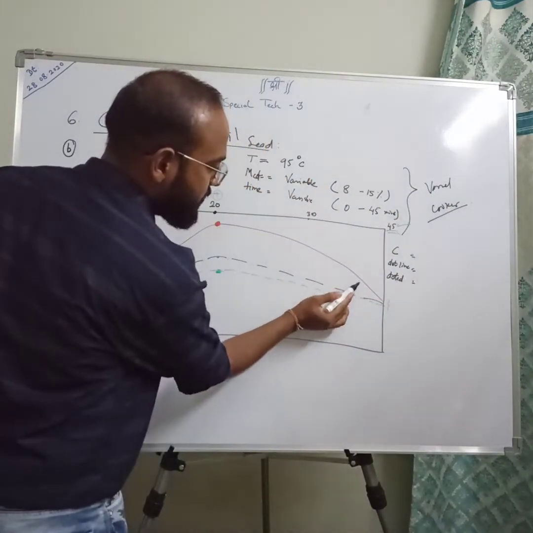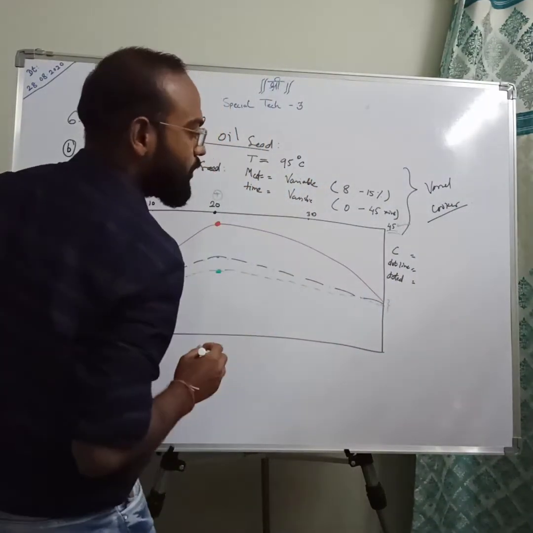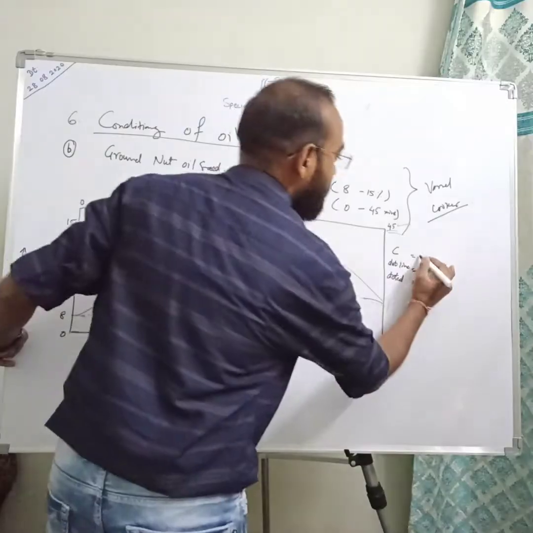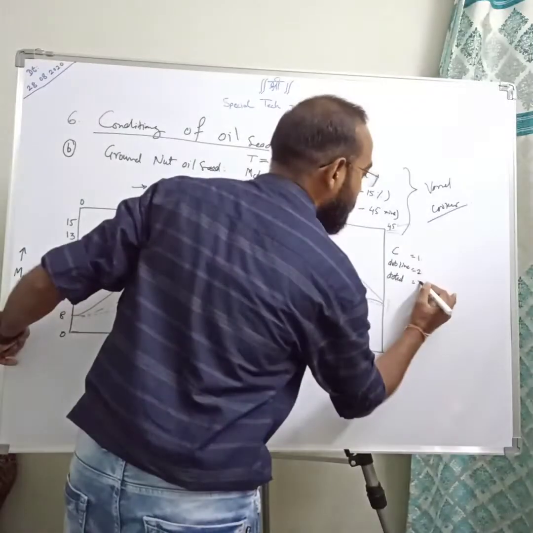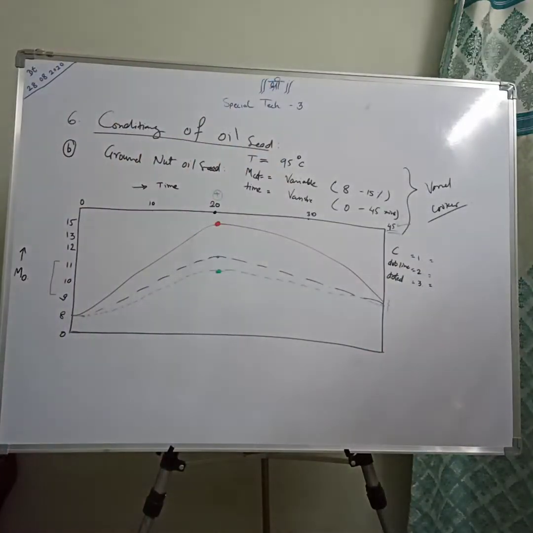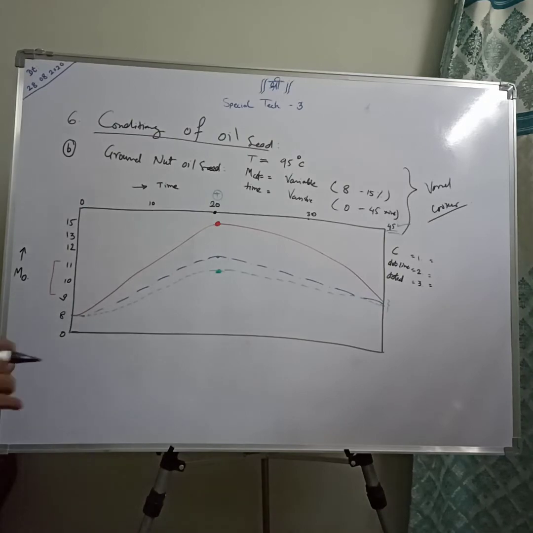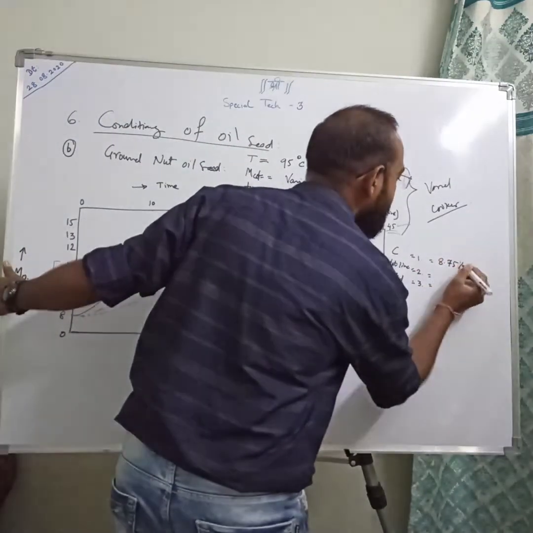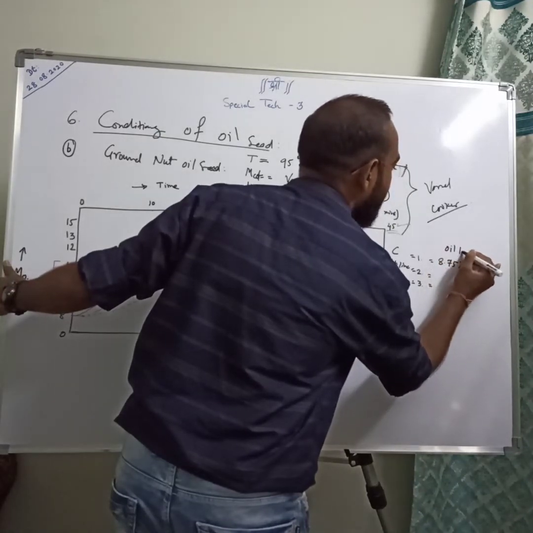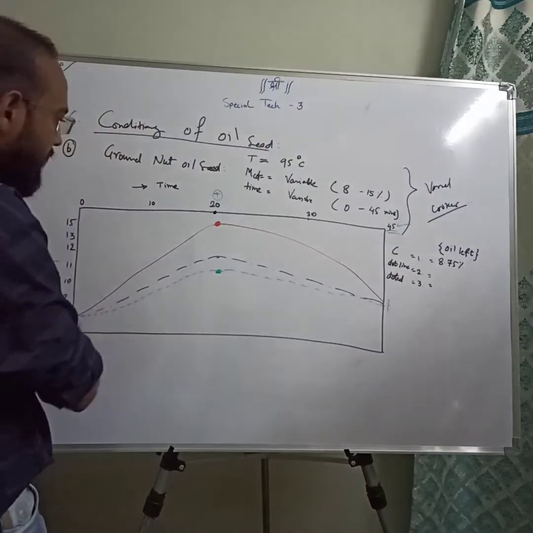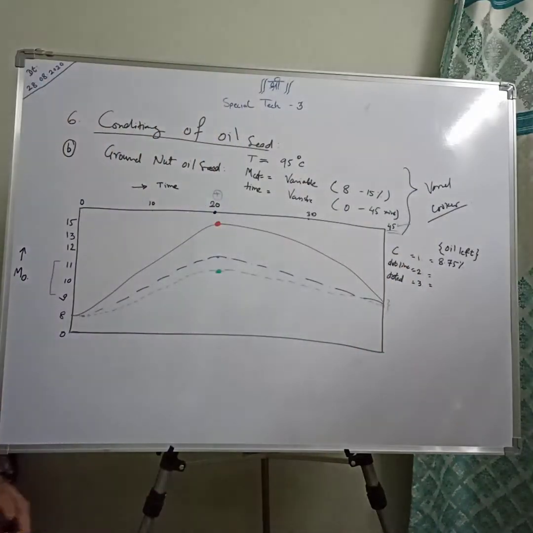This is experiment number 1, this is experiment 2, this is experiment 3. From the first we get the maximum amount of oil left in the oil cake, 8.75%. By the first experiment, oil left is 8.75%.